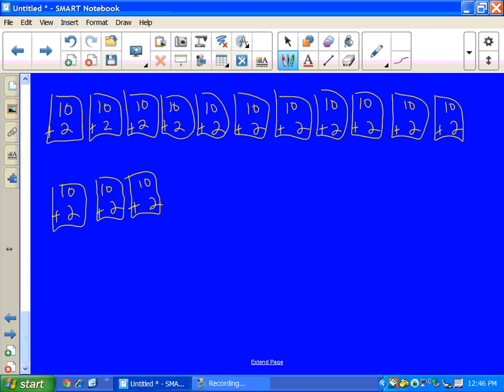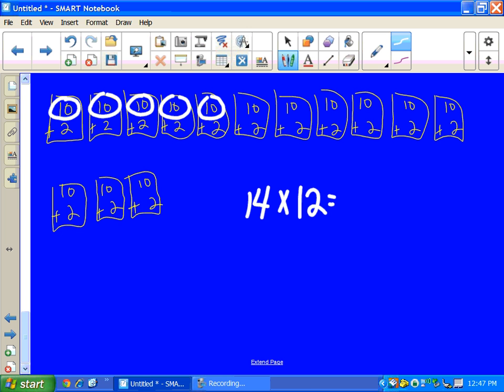So now, instead of breaking the number of bags that we're counting, we're breaking the number of bagels. So we still have the problem of 14 bags of 12 bagels. But now we're going to count the 10 bagels in each of the 14 bags.